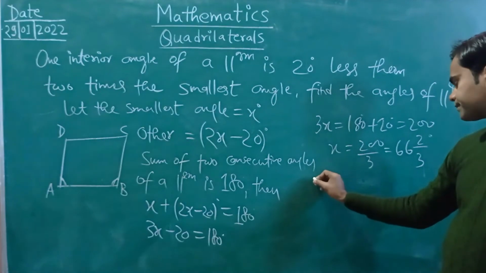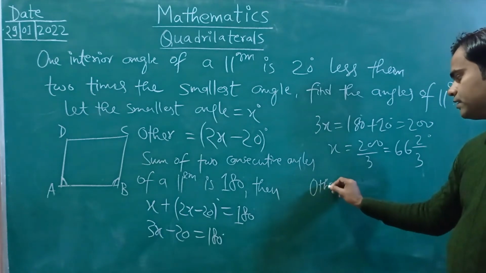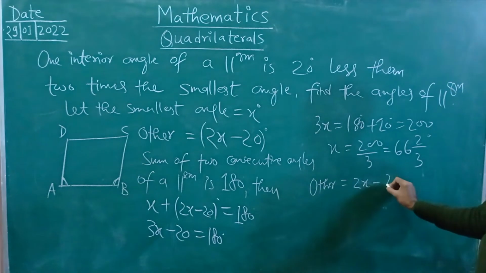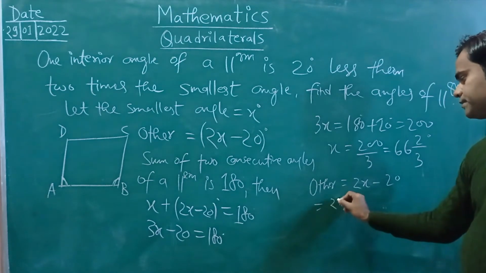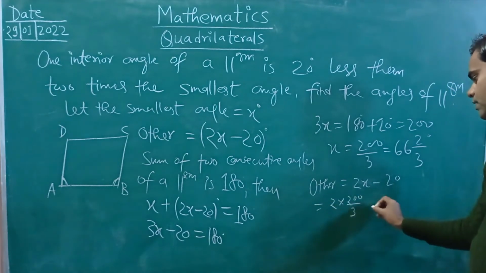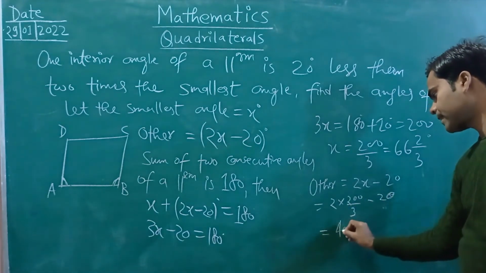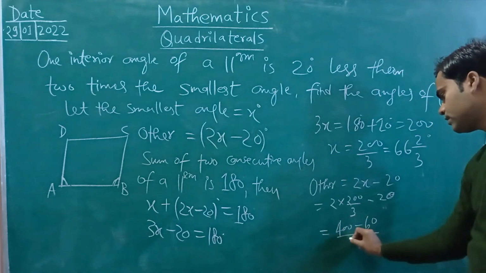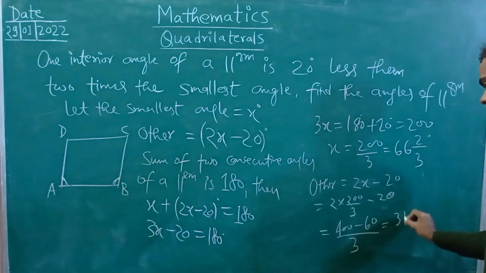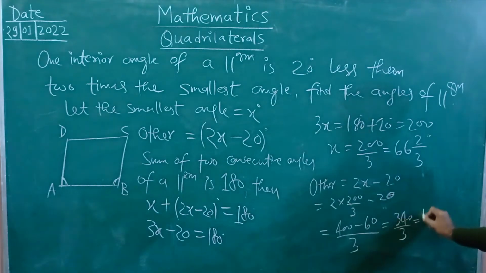And the other angle is 2x minus 20, that is 2 into 200 upon 3 minus 20, 400 minus 60 upon 3, 340 upon 3, which will be 113 complete 1 upon 3 degrees.